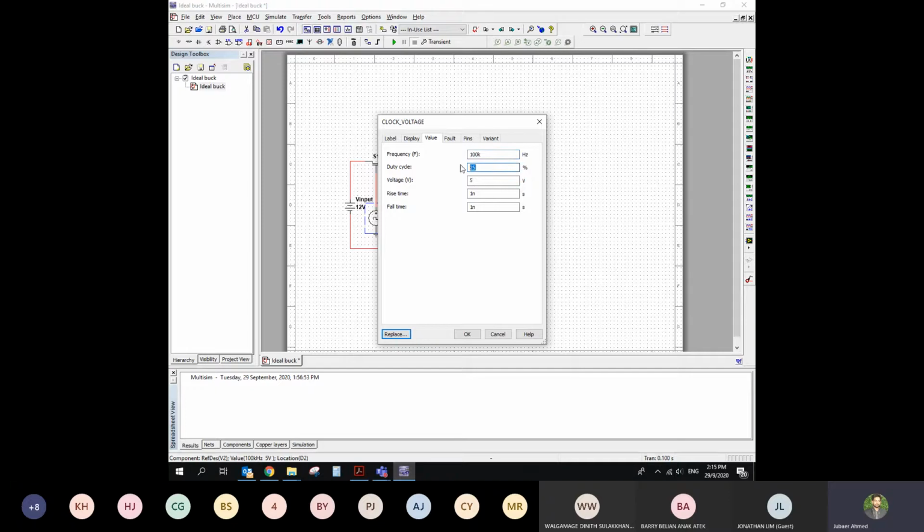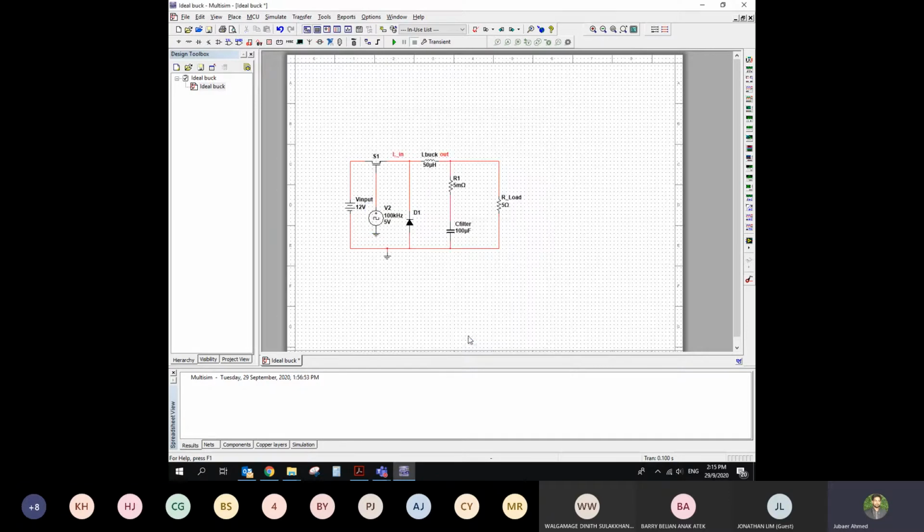Duty cycle, I can control it from here. Okay, voltage is 5 volt, because 5 volt is sufficient to turn the switch on and off. Rising time and falling time are 1 nanosecond, because I want the switching to be really ideal. So it will instantly rise and instantly drop. But in real life, the rising time and falling time of the switch voltage will usually be higher, maybe some microseconds.